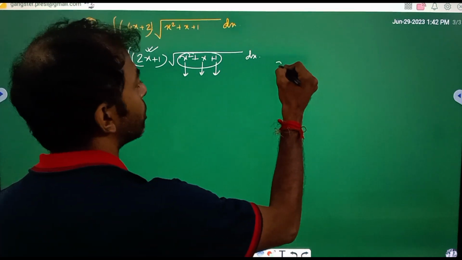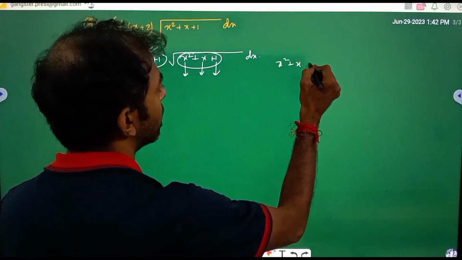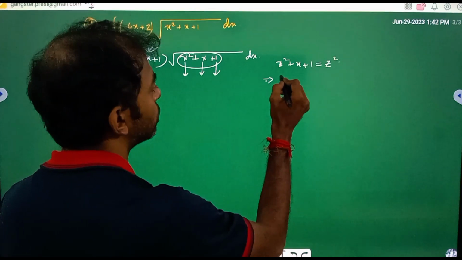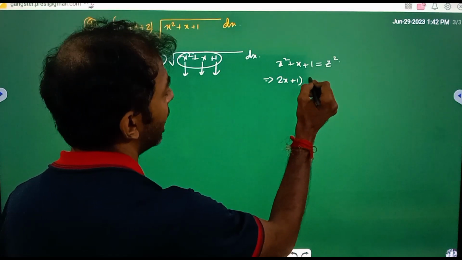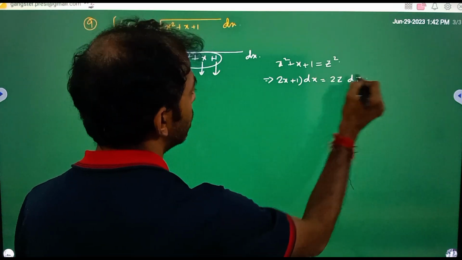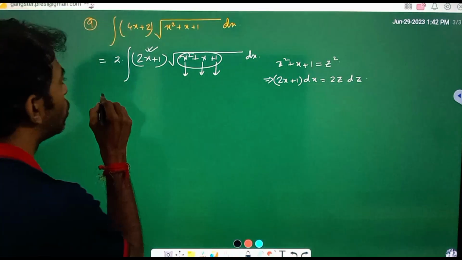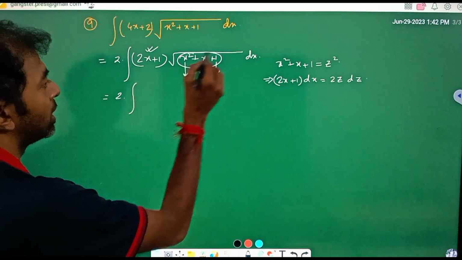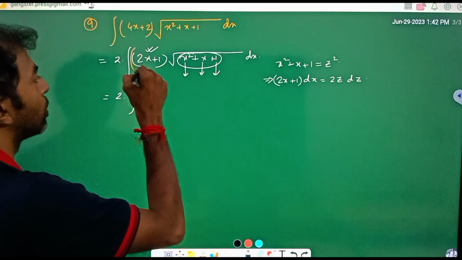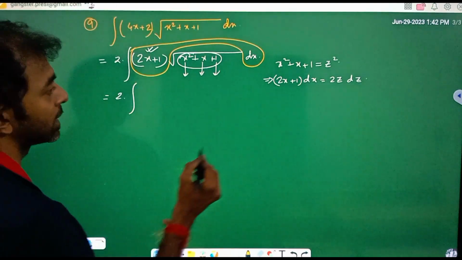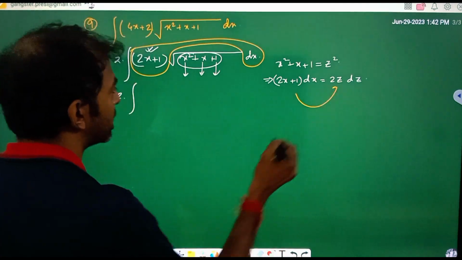So after substituting x square plus x plus 1 as z square, we will get something like this: 2x plus 1 dx will be 2z dz. So we are getting 2 into 2x plus 1 dx, where 2x plus 1 dx is represented by 2z dz.